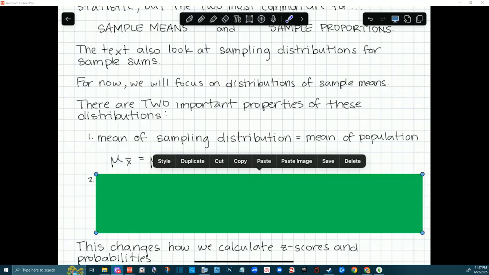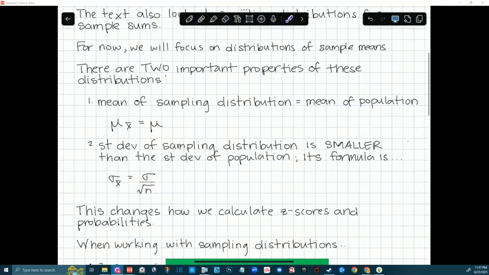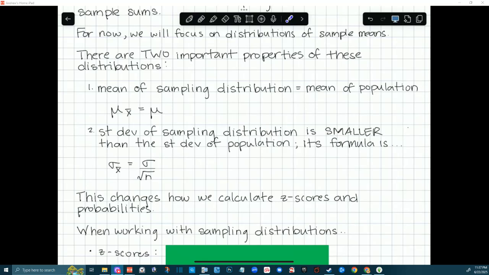The other important property of these sampling distributions is that the standard deviation of the sampling distribution is smaller than the standard deviation of the population. So if I collect a sample of heights from students at Shasta College, I expect that sample is going to have some tall people and some short people.